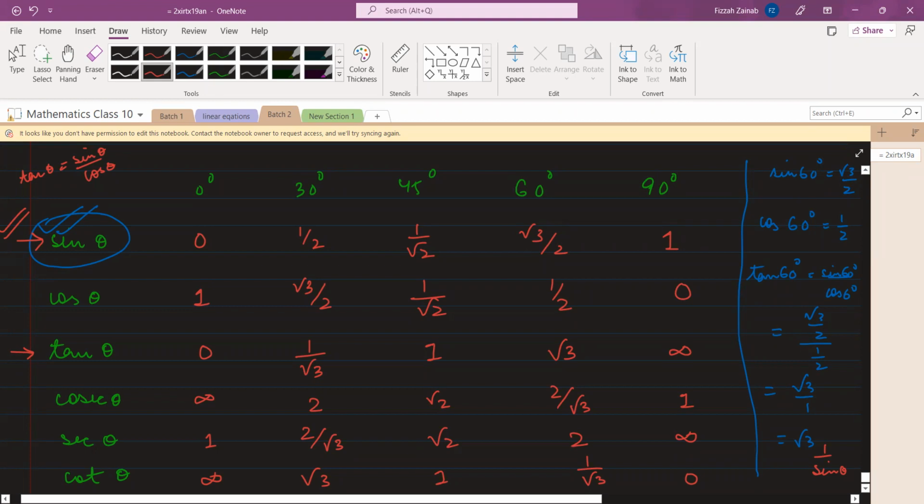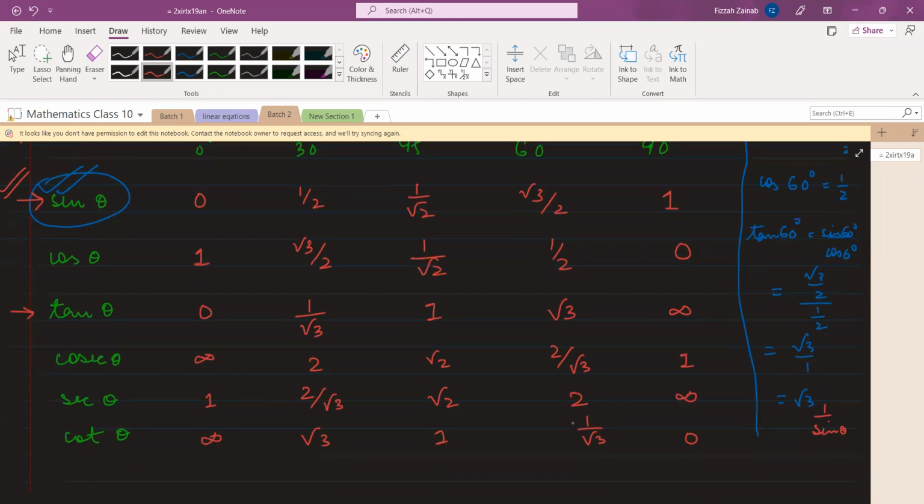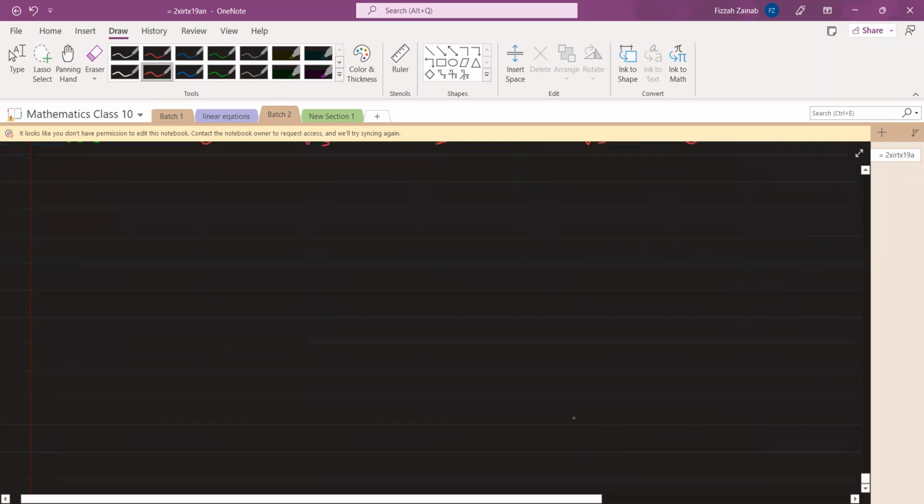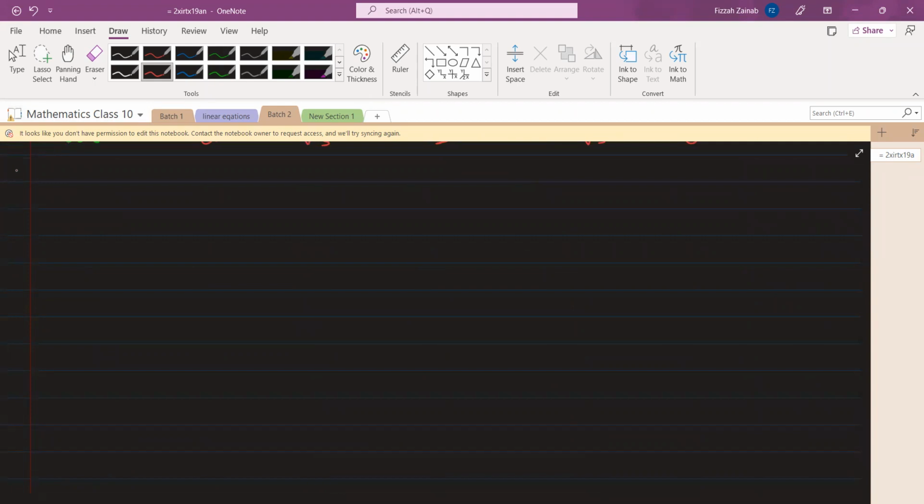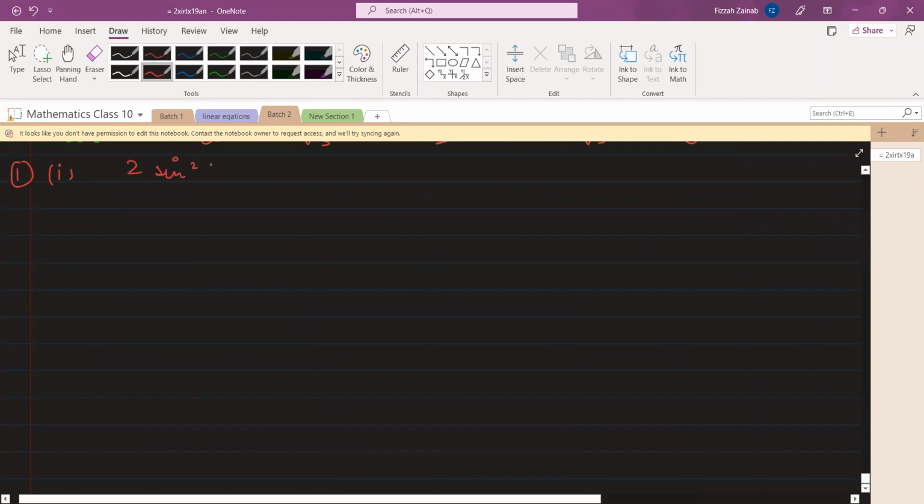Now using this table, let us solve some questions. Please solve this first part: 2 sine square of 30 degree into tan of 60 degree minus 3 cos square of 60 degree and sec square of 30 degree.